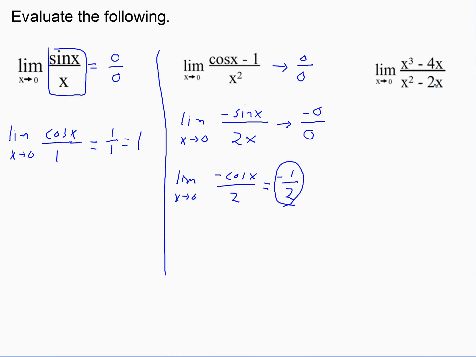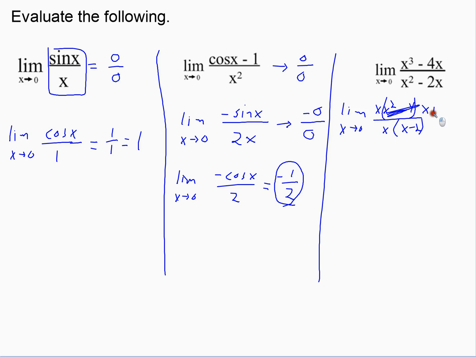Our next one, in the past we might think, okay, well let's factor this. So we don't want to forget our old things. If we factor out an x, we get an x squared minus 4. Factor an x out here, we get an x minus 2. Actually, this factors, so I'm going to cross this out.